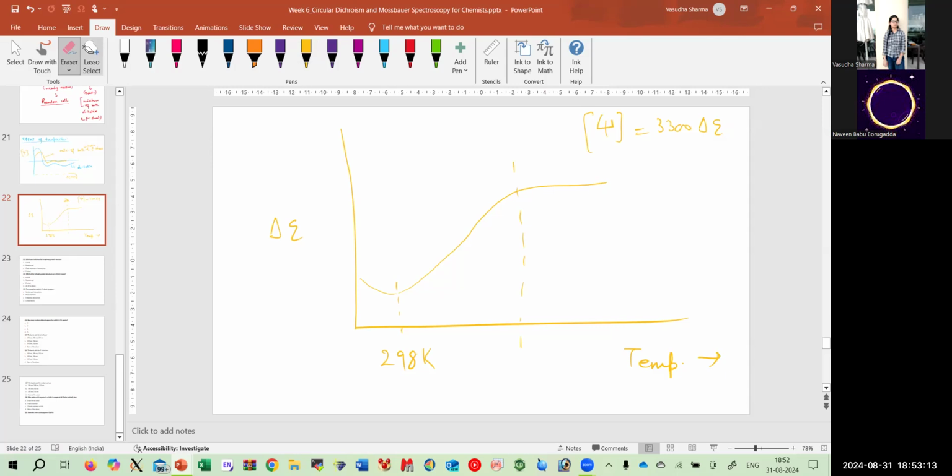So this is how we can see the effect of pH and temperature on the CD spectra for different structures, alpha helix, beta sheet, and random coil, where we need to identify the pattern, the signals at what wavelengths, and whether it is starting from the positive end or the negative end.